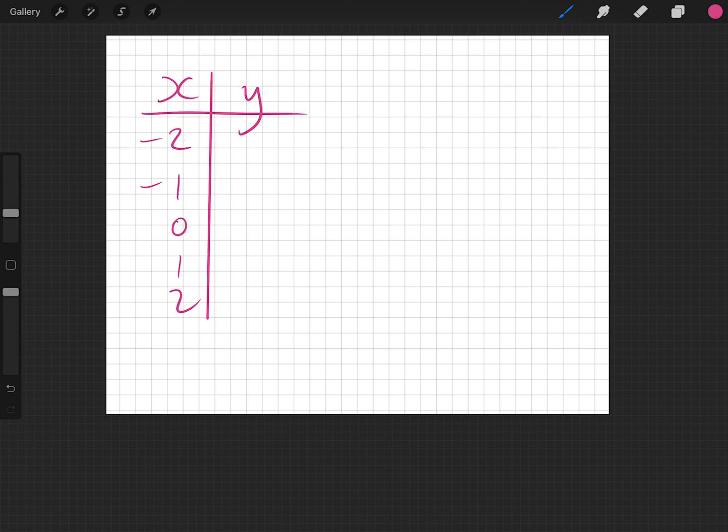Okay. 2 times. So what is happening? What am I doing to x to make it equal to y?